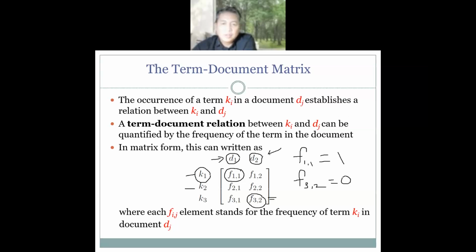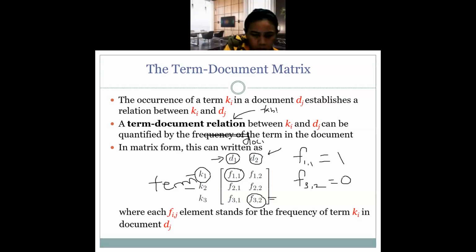Right? So this is what we call the term. This is your term, and this is your document, and they call it a term document relation, or in database they call it a table.